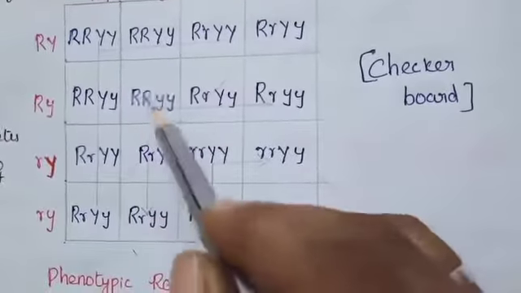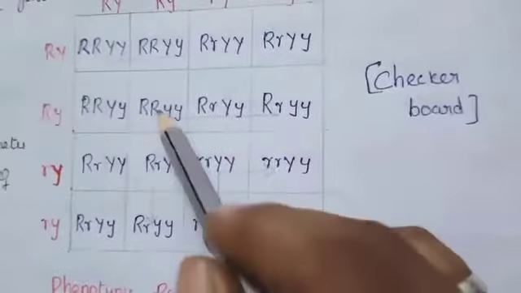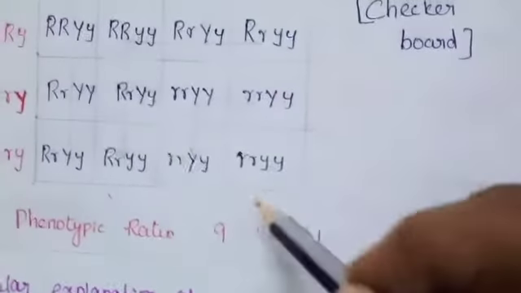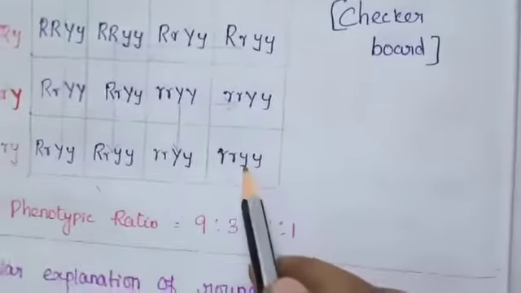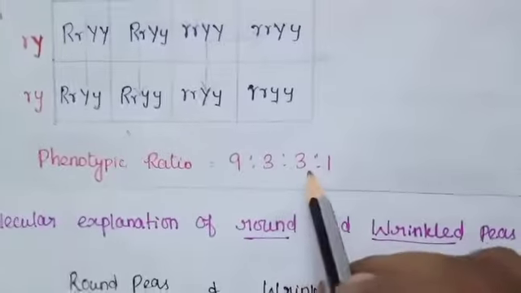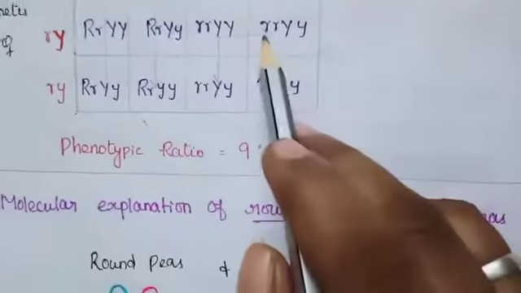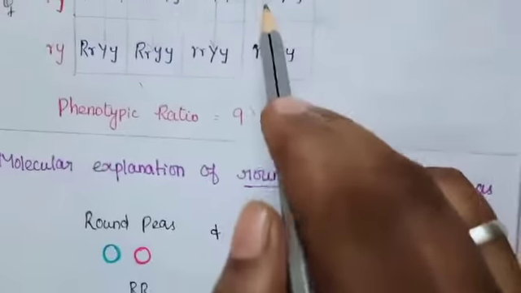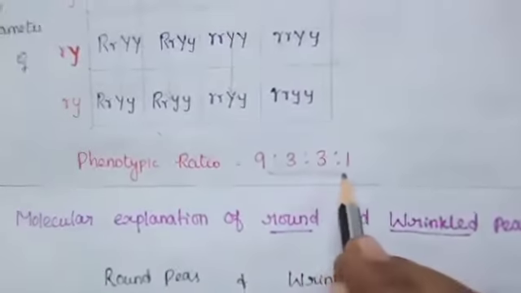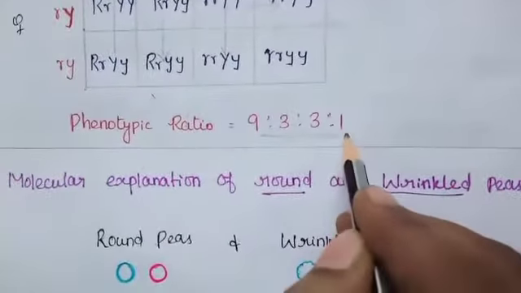Here 1, 2, 3, capital R small y formation is 3. Small r capital Y is 3. Small r small y is 1. So 9 to 3 to 3 to 1. In this method, we can easily find out the phenotypic ratio of the dihybrid cross. So 9:3:3:1 is the ratio of the dihybrid cross.